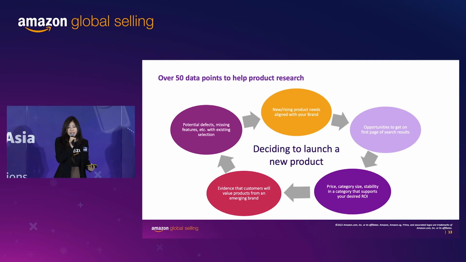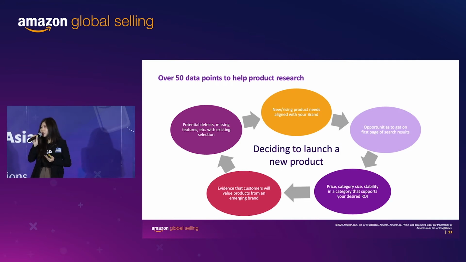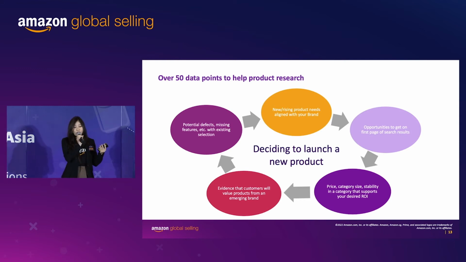Average selling prices and units sold are also provided to help you evaluate the size of the opportunity. We can also show you the concentration of clicks going into top products and brands, as well as the number of new products that have seen success in a niche. And lastly, we provide customer experience metrics such as out-of-stock rates and customer reviews to help you identify defects to improve upon.